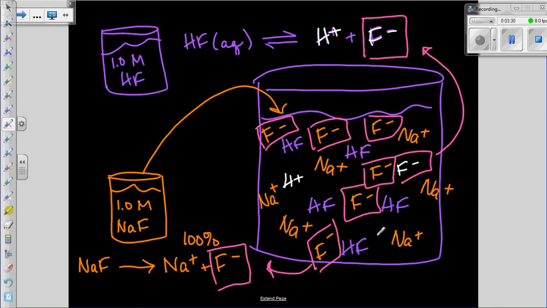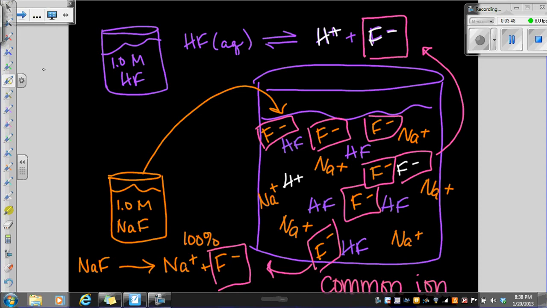That ion, the fluoride ion, is called a common ion because it is common to both of those dissociation reactions. Now there's another definition for it, which we'll talk about in a minute. So what I want to do is look at this a little bit more.